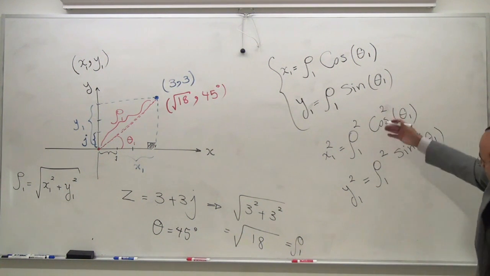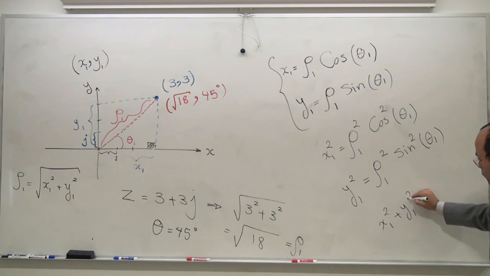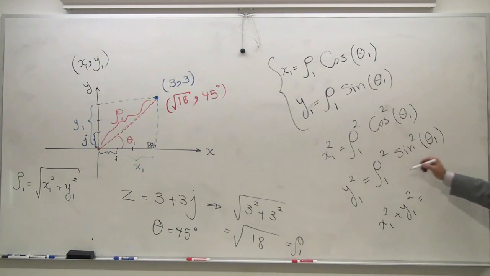If you sum these two up, what do you get? x1 to the power of 2 plus y1 to the power of 2 is going to be rho 1 to the power of 2, which you can factorize, times cosine squared theta 1 plus sine squared theta 1. And we already know this is going to be 1.